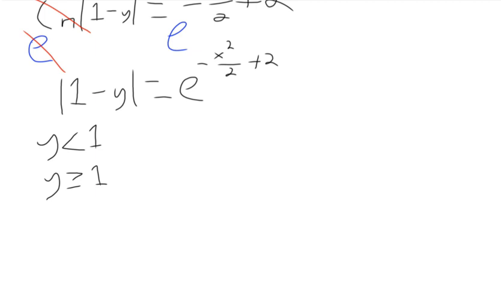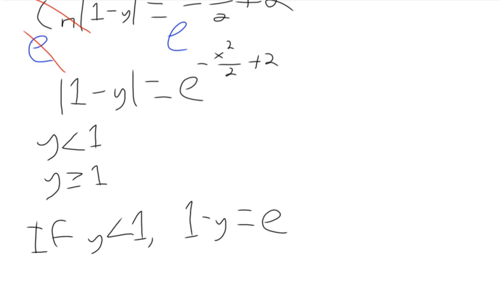And if y is greater than or equal to 1, then this will be negative, so I'll just have to take the opposite of it. So we'll do this one first. So we'll say if y is less than 1, then I don't need the absolute value. It's just going to be 1 minus y equals e to the negative x squared over 2 plus 2.